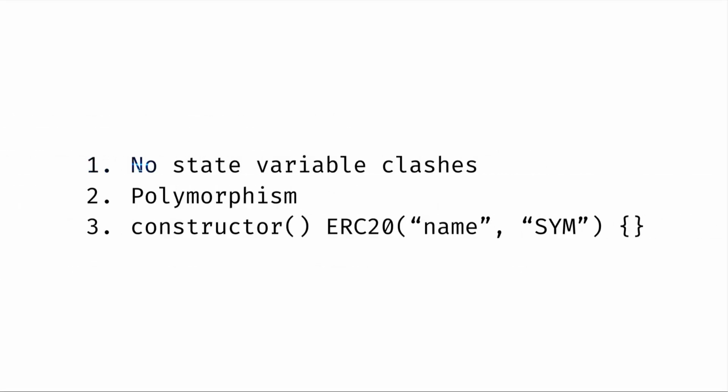And you should know that you cannot have visible state variables with the same name in derived contracts. Obviously, because otherwise this would create a name clash. You can, however, have functions with the same name. And then which function is actually executed will depend on the context. This concept in programming is called polymorphism.